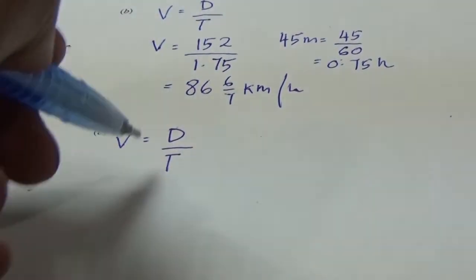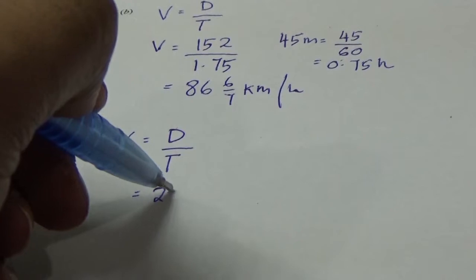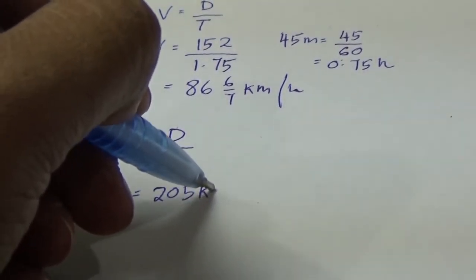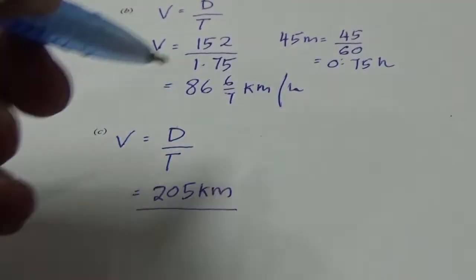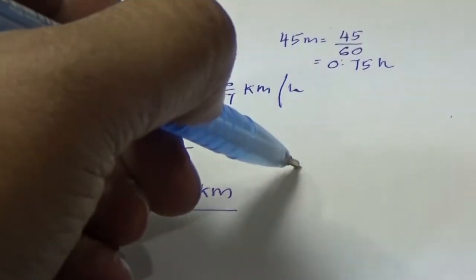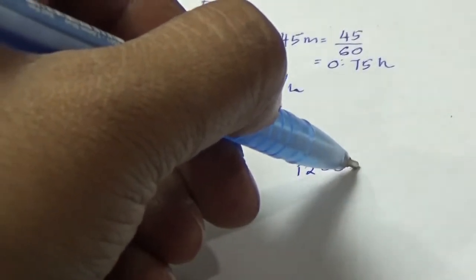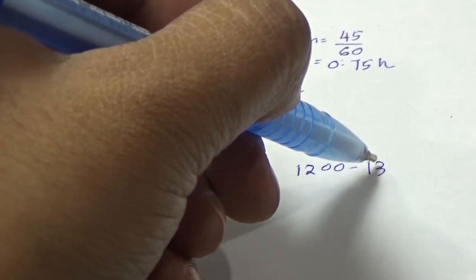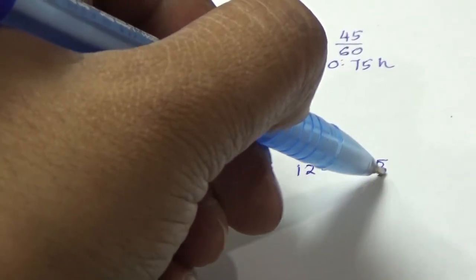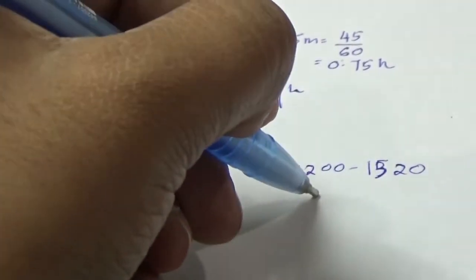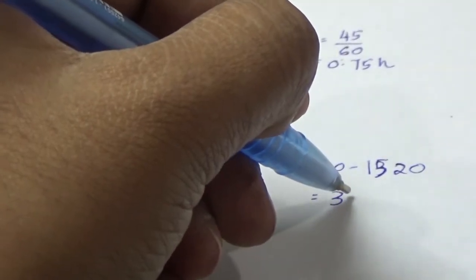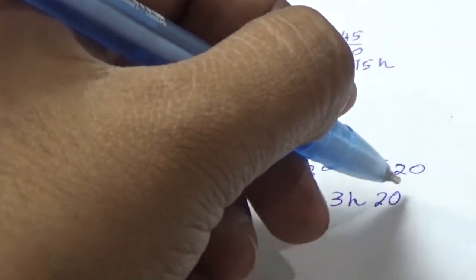Distance is 205 kilometers divided by time. 12 noon to 3:20 would give you 3 hours and 20 minutes.